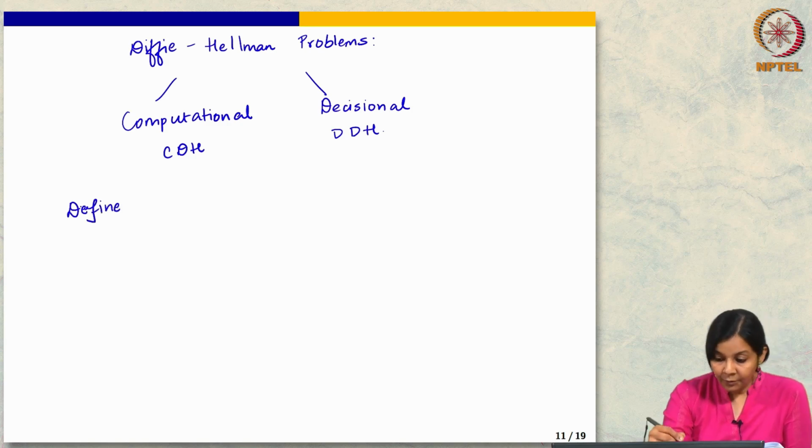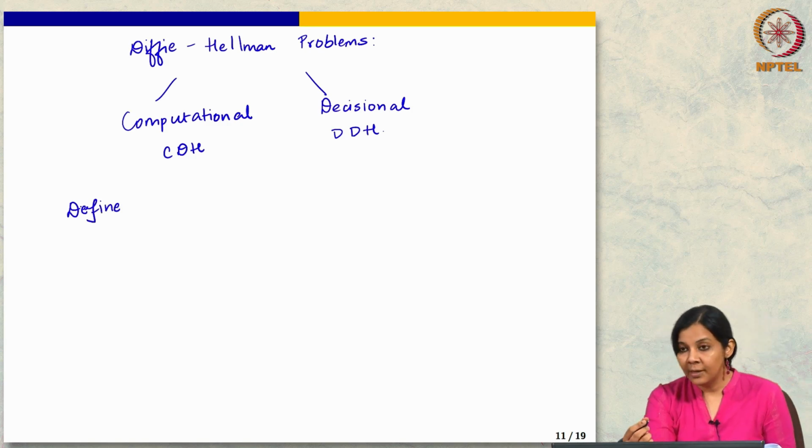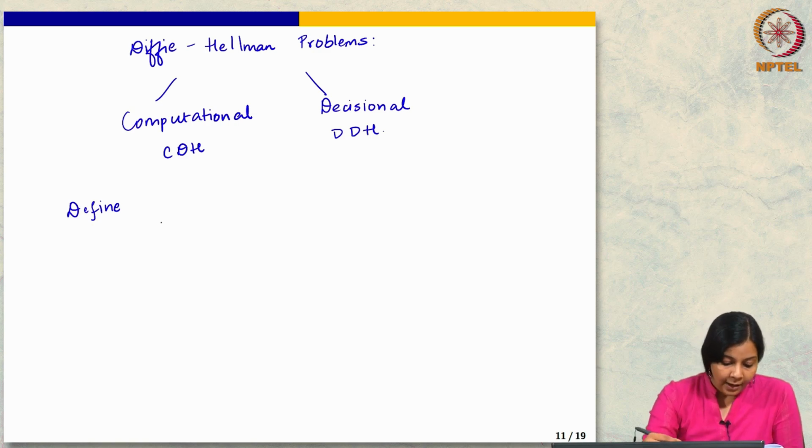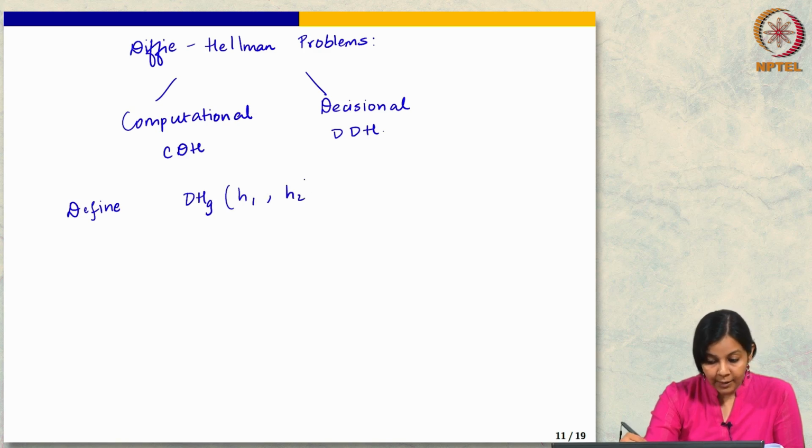So, we consider the group G with the generator g as before. Okay, G is again a cyclic group, just as in the previous slide, and now we will define DH_G of some h1, h2, as g to the log h1 times log h2.